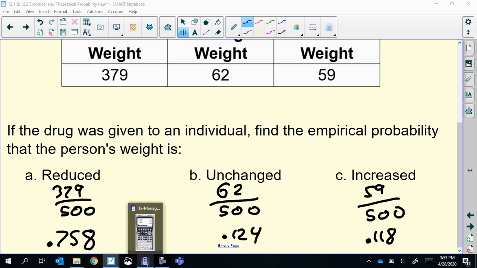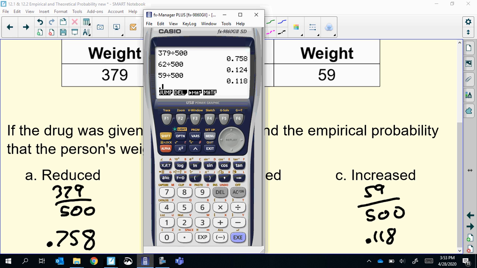Now, one thing I want to point out here is that these three numbers, 0.758 plus 0.124 plus 0.118, you add all of those up and you get 1 because that's everything that can possibly happen.